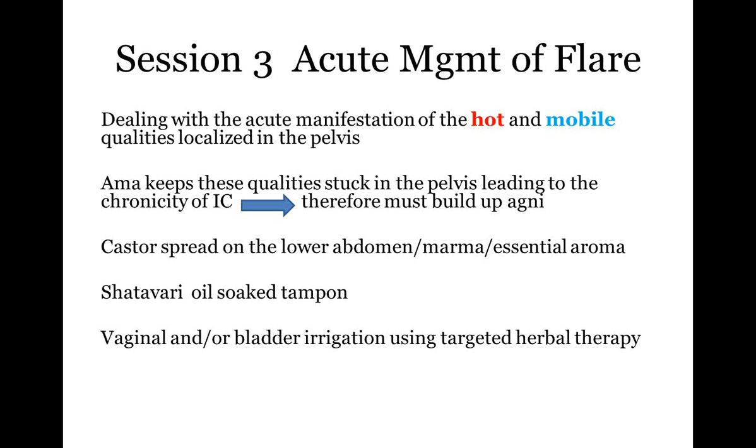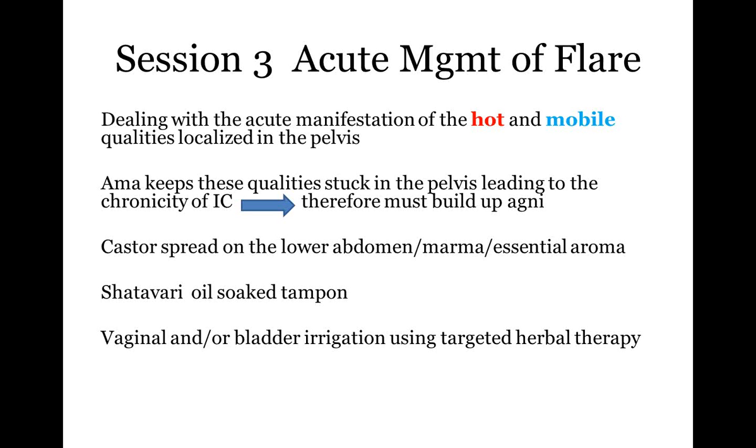Castor oil spread over the lower abdomen and treating specific marma sites, along with use of essential aroma oils, can be very helpful in terms of management of the acute flare symptom. Shatavari, used as an oil-soaked tampon placed in the vagina for a period of time, can also be very medicinal to the treatment of acute flares.